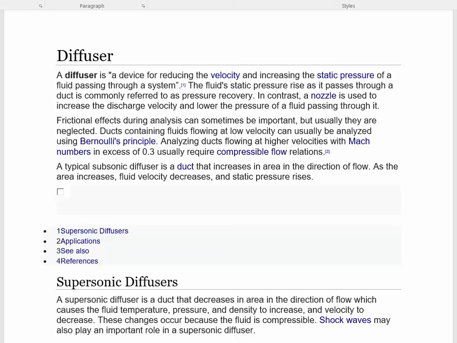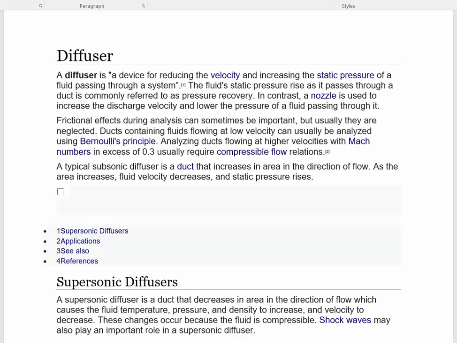Ducts containing fluid flowing at low velocity can usually be analyzed using Bernoulli's principle. Analyzing duct flow at higher velocity, with Mach number in excess of 0.3, usually requires compressible flow relations.